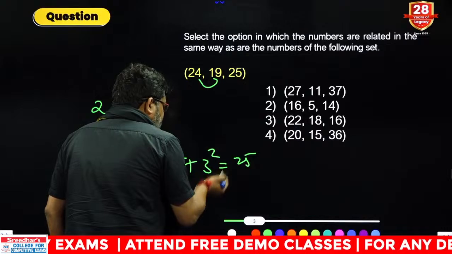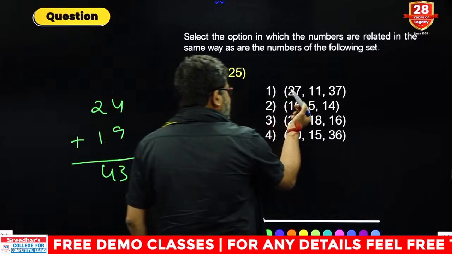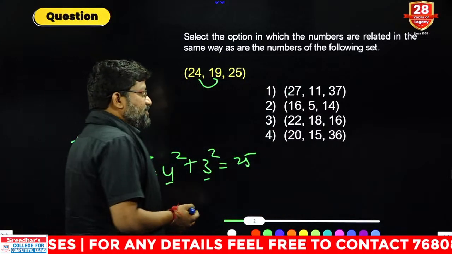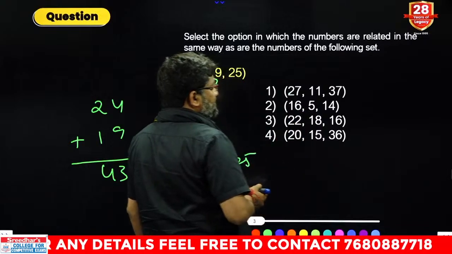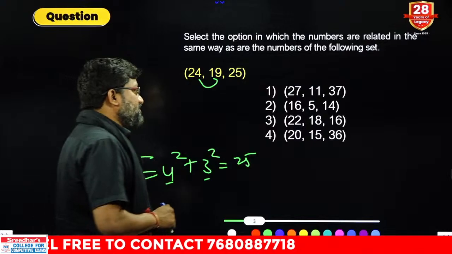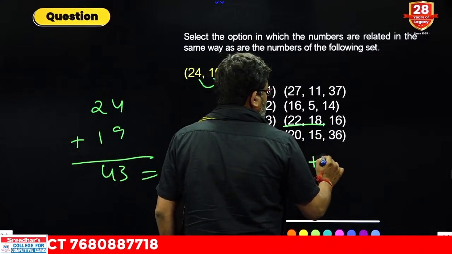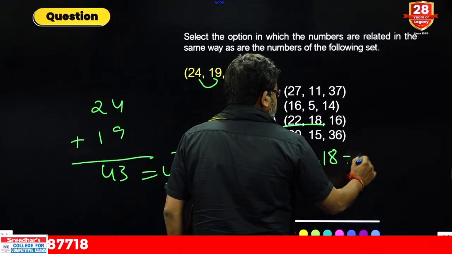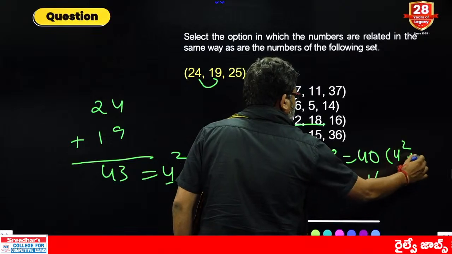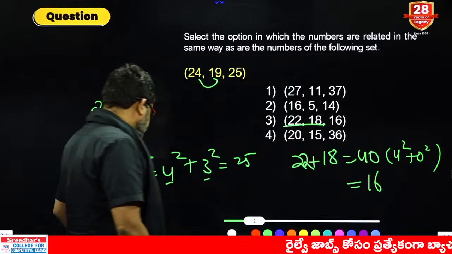So when you are adding 2 numbers, I'm going with the squares here. 27 plus 11, 38, 3 square 9, 8 square 64, that goes far away. 16 plus 5, 21, 4 square, 1 square, that becomes 5, doesn't work. 22 plus 18, how much? 40. 22 plus 18 is equal to 40. 4 square plus 0 square is 16. Option 3 is my answer.